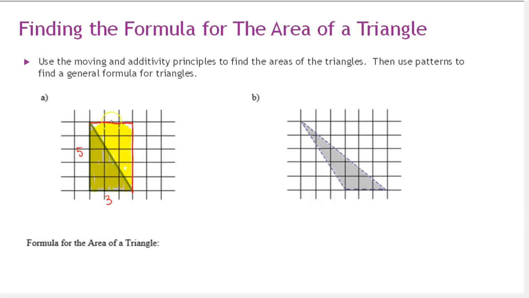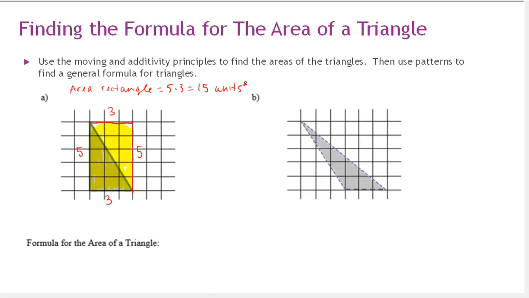I can tell because this is 3 and this is also 5. Well, that means the area of the rectangle is equal to 5 times 3, or 15 square units.